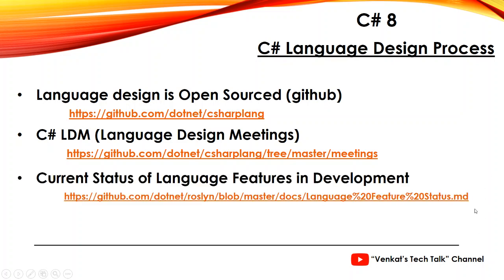Apart from the language design and design meetings, we have the source code, as it is an open source language. The C Sharp language source code is available in the Roslyn repository, where you can find the code analyzer, compiler, and C Sharp language features, everything there. If you want to really understand how a specific language feature is developed, if you have a lot of curiosity to learn, this is the place.